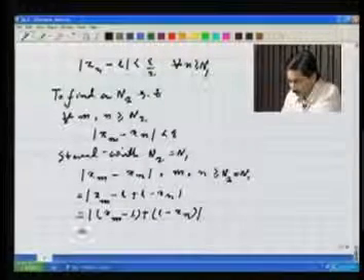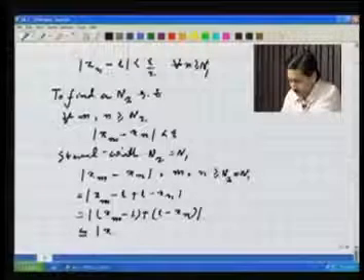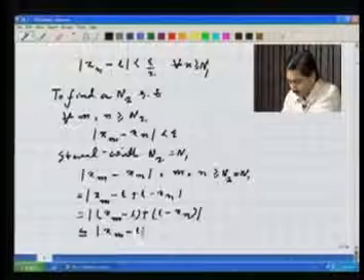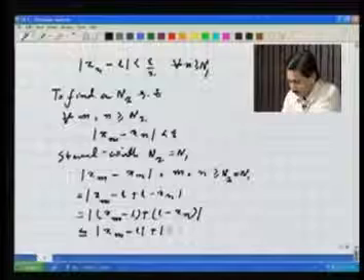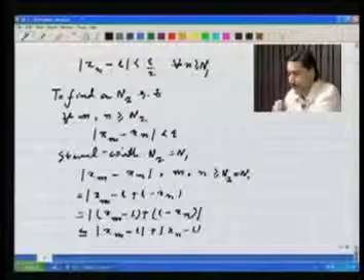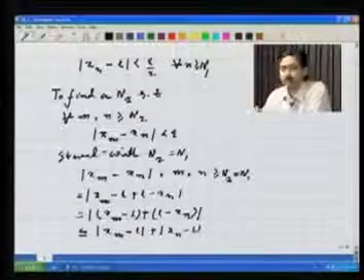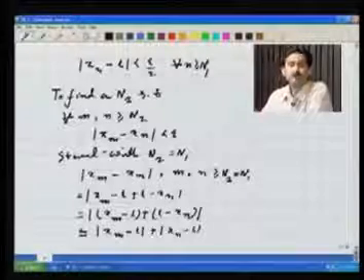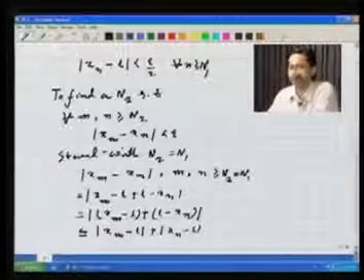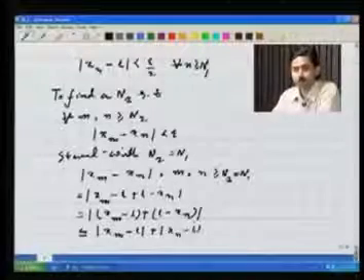If I do that, what I get is, notice that mod of L minus xn is the same as mod of xn minus L, because mod of x is mod of minus x. So there is no loss of generality here.